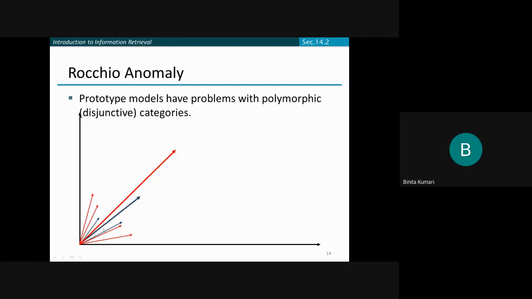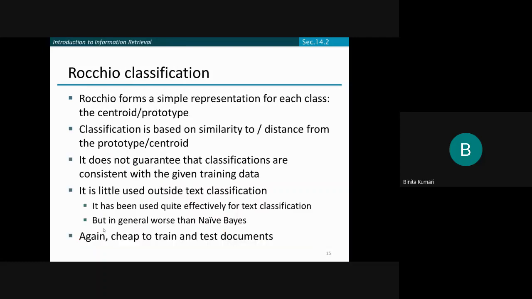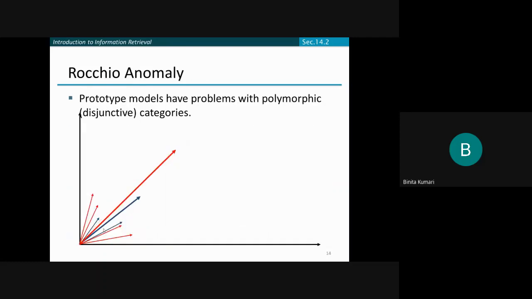Why? Because the centroids, whichever are found, are very close by. You can see here in this diagram.